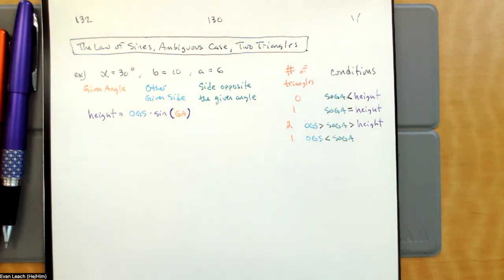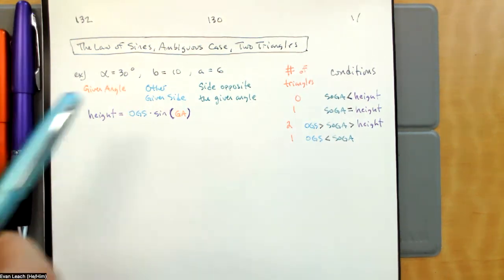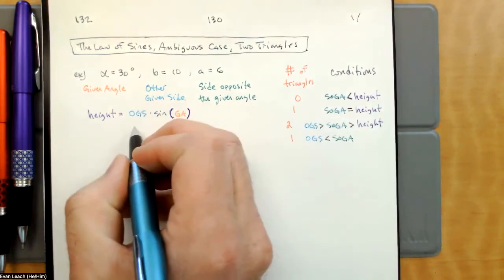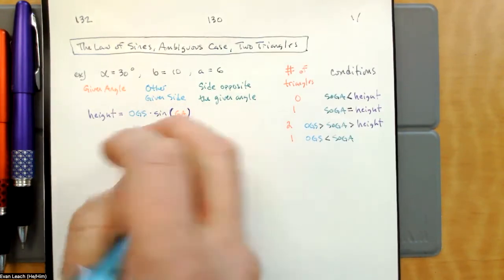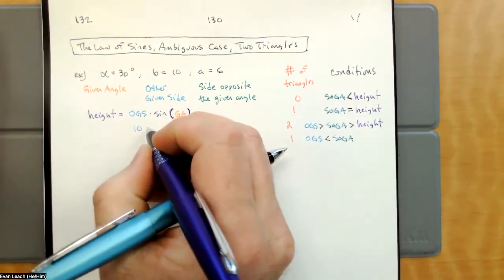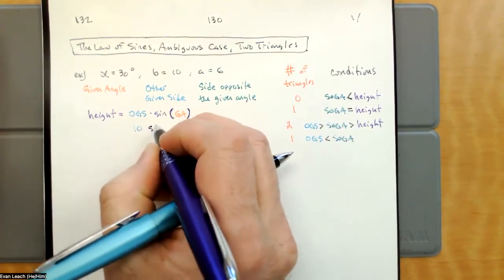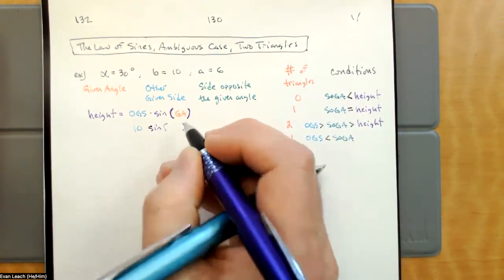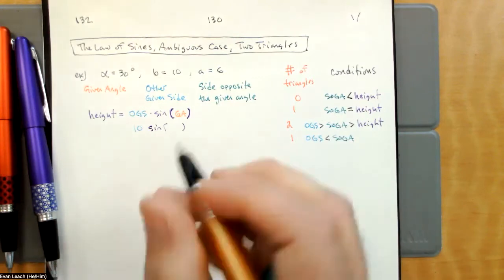If we want the spoiler going in, then we can just calculate the height. The height of this triangle will be the other given side, in this case 10, times the sine of the given angle, in this case 30 degrees.